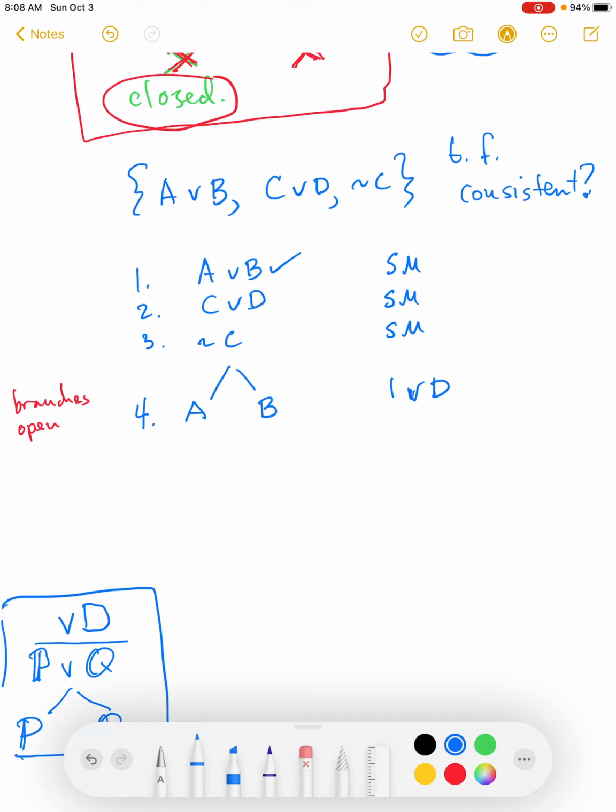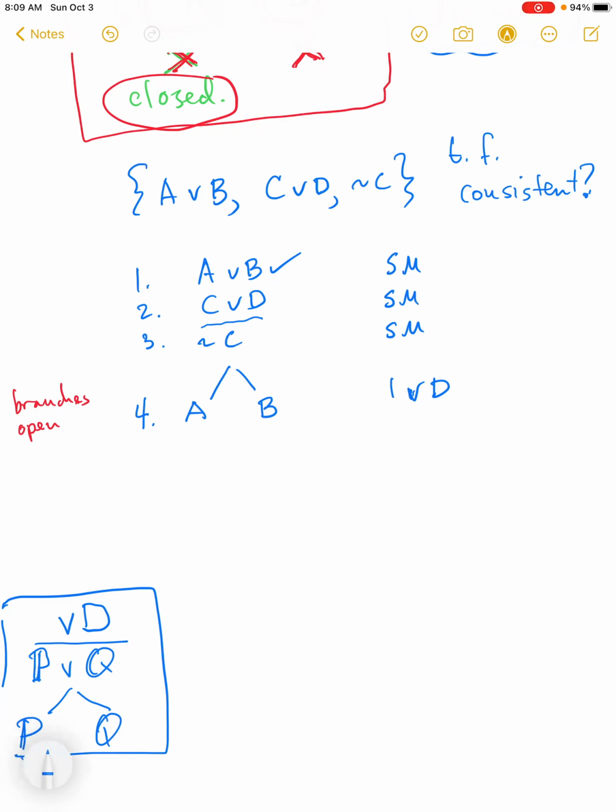What do we do next? Well, line number 2 is also a disjunction, and so we're going to have to think about the truth conditions of that. Since both branches on line number 4 are open, when we think about what a truth value assignment would have to do to make line number 2 true, we're going to have to put the result of that under both of the open branches. So we know that the appropriate rule to apply to line number 2 is also disjunction decomposition.